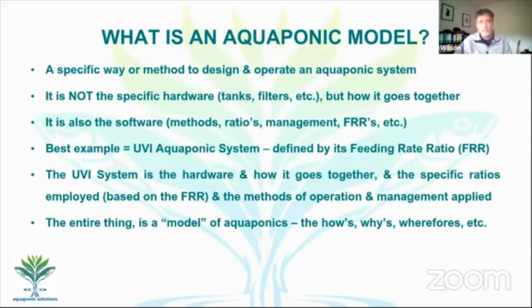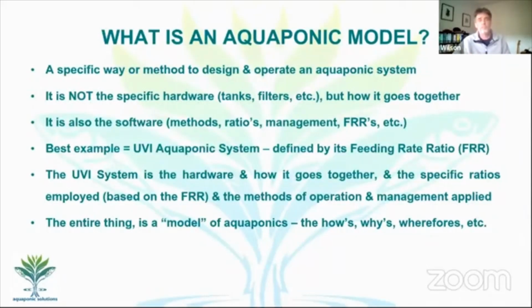It's not the hardware. The hardware comes into it to a small extent. Yes, you need particular things, but it's how that hardware goes together, and more importantly, it's how you balance the fish component with the plant component and how you actually manage the system in a hands-on way to get the best out of it. And that's what a model allows.